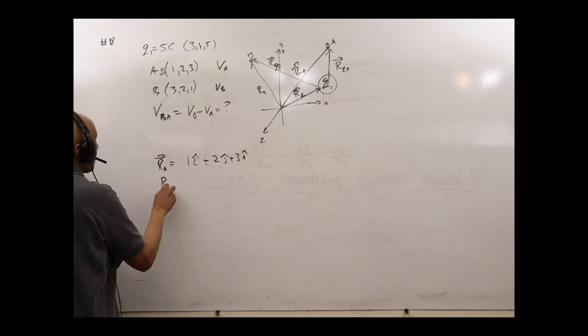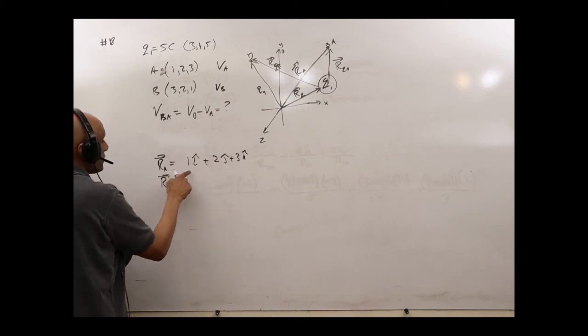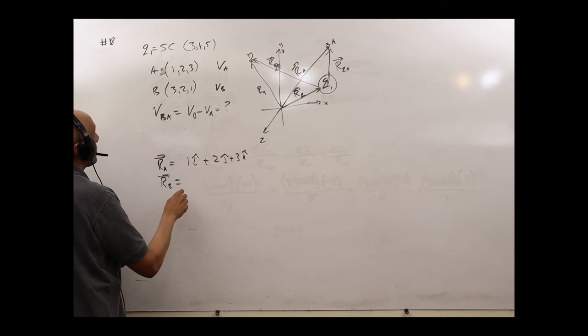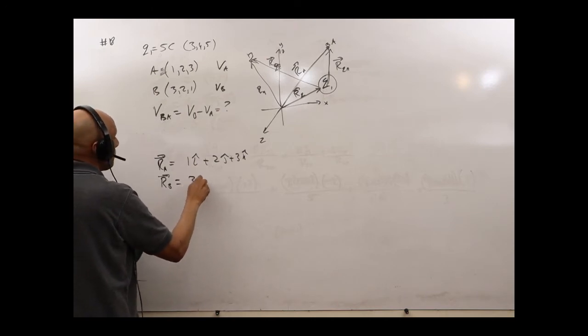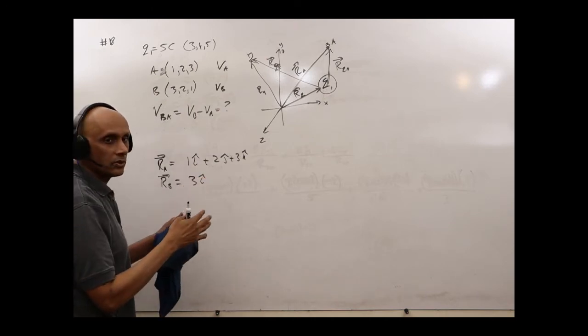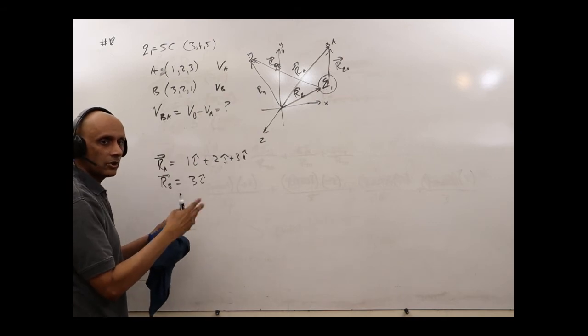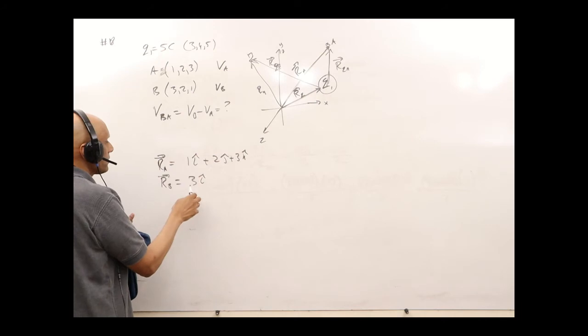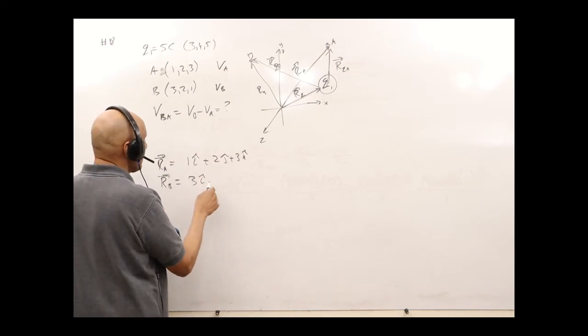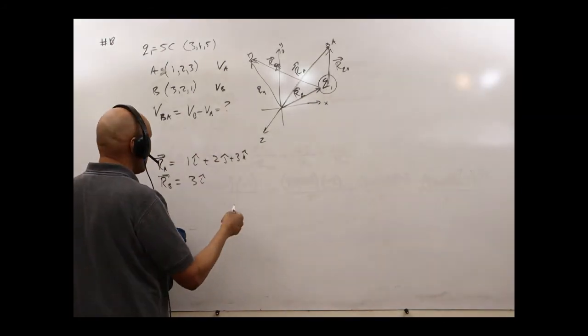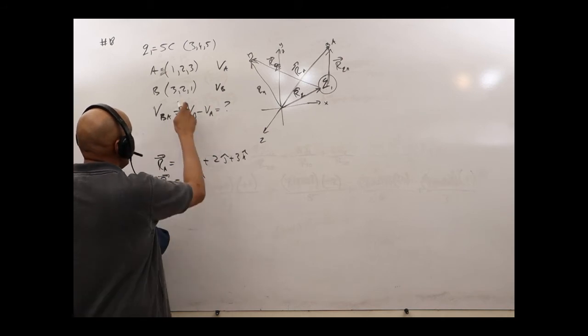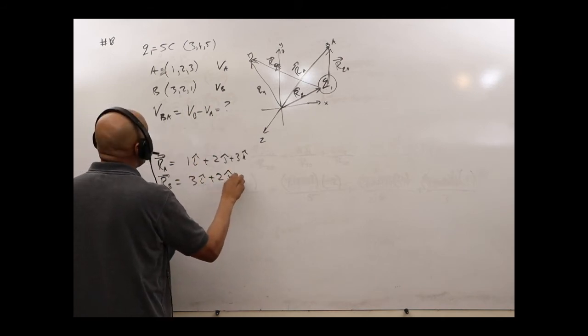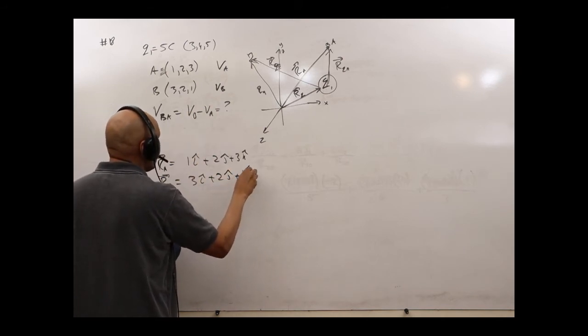And the position vector for B is 3i plus 2j plus 1k. We're using standard units, which are our natural units for calculations, so I don't put any units anywhere: kilogram, meter, second, volts, amperes.